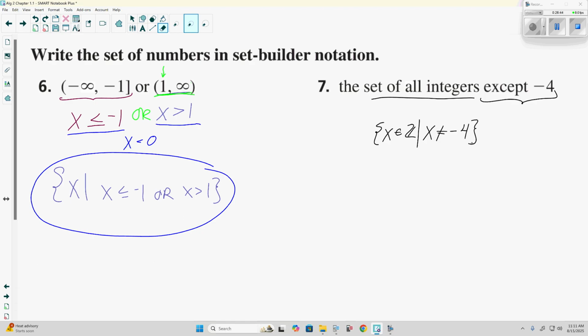Not equal to -4. So except -4. We can have any other integers, but not equal to. So except, not equal to, can't be. We're just saying x cannot be -4. So that's all it's saying. Not equal to. X cannot be.